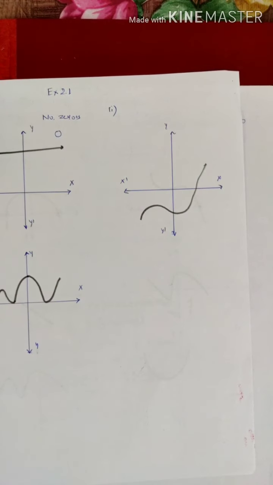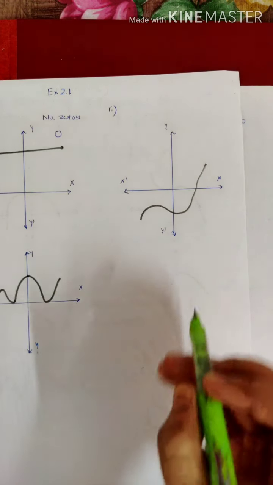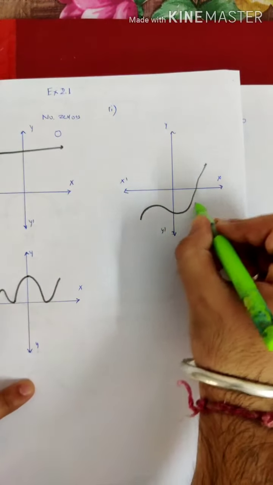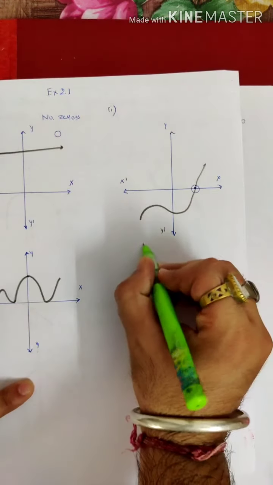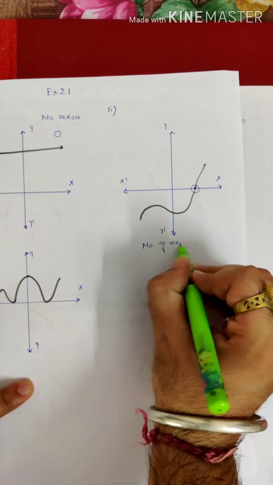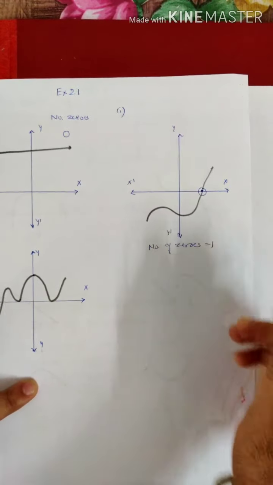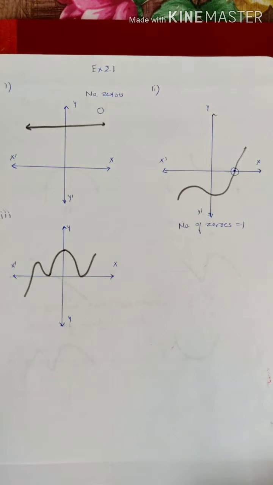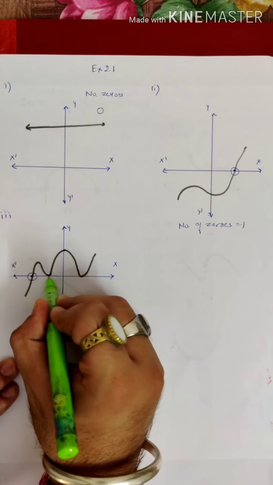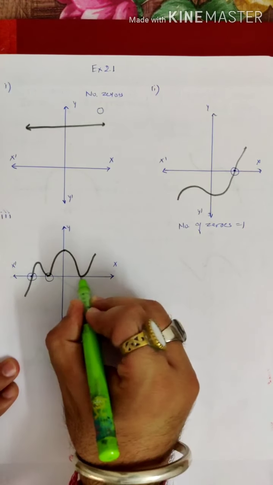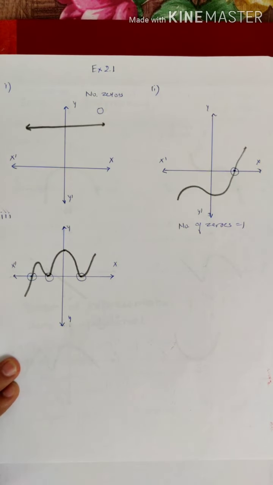The degree is 0. This is a constant polynomial. Next, coming towards the next part, we need to look at the points of intersection on the x-axis, and we can observe that this curve intersects the x-axis at one point only. So we can say that the number of zeros is 1. In the next part, we can see that the curve intersects the x-axis at points 1, 2 and 3.